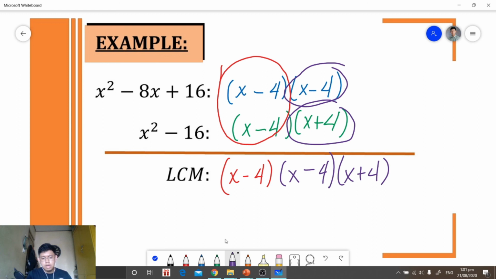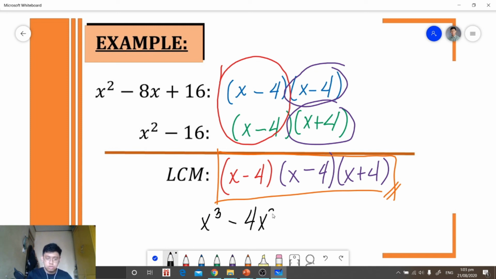And this will be our least common multiple. Or the expanded form, which is x cubed minus 4x squared minus 16x plus 64.